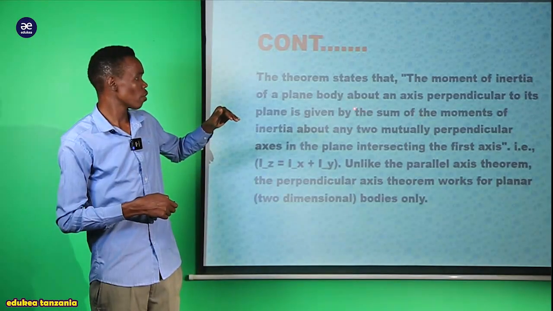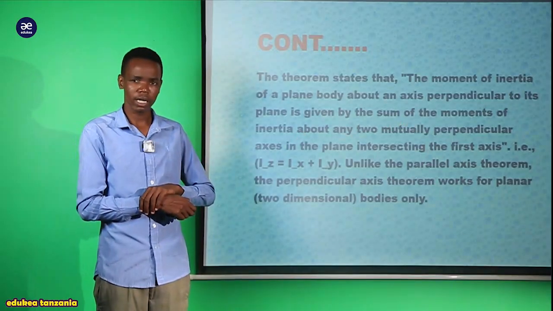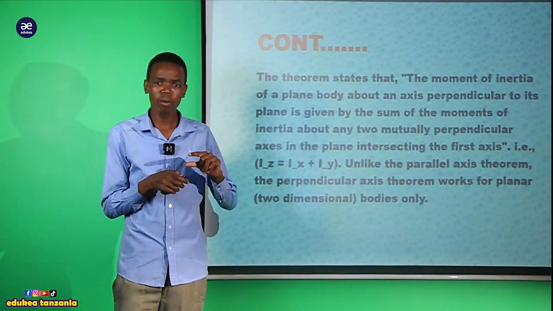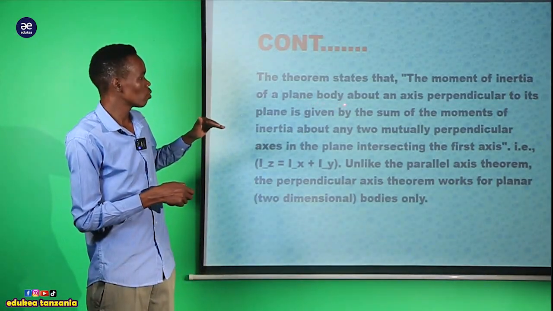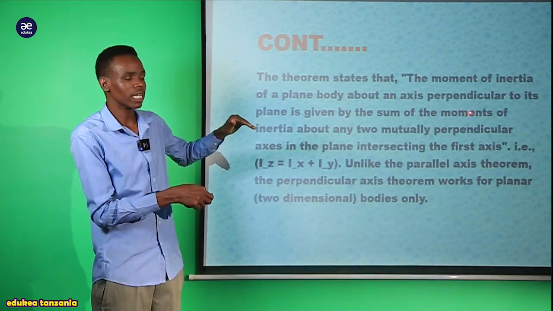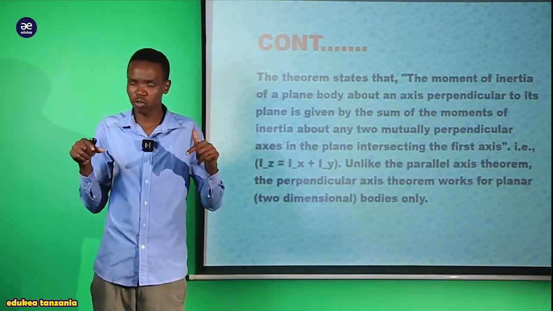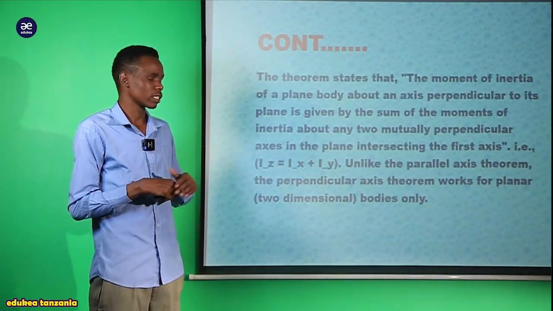So the moment of inertia about any axis perpendicular to the plane is given by this. We obtain the moment of inertia about the axis perpendicular to the plane by taking the sum of the moments of inertia about any two mutually perpendicular axes in the plane.